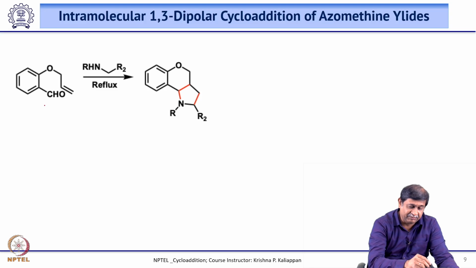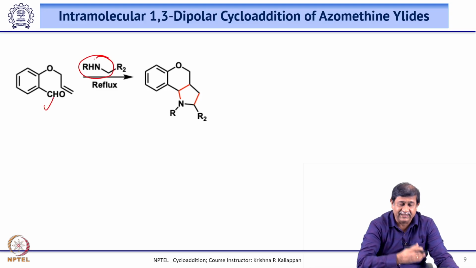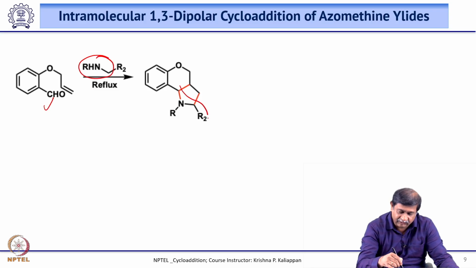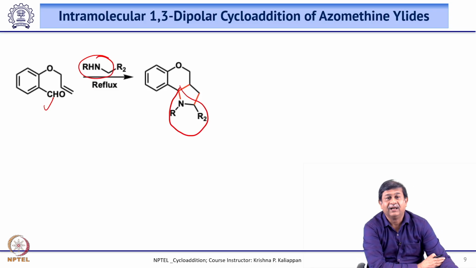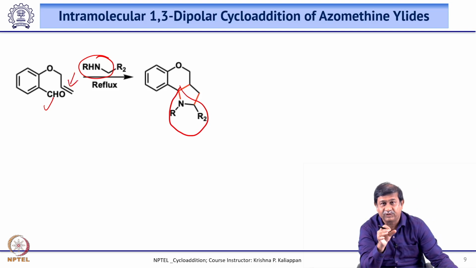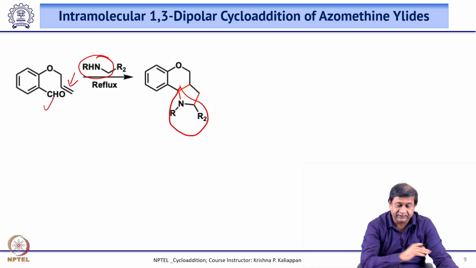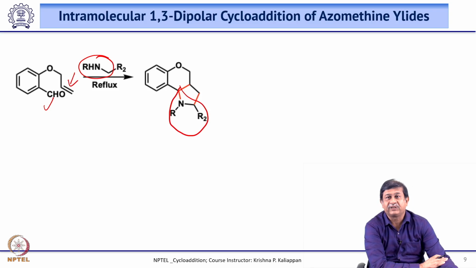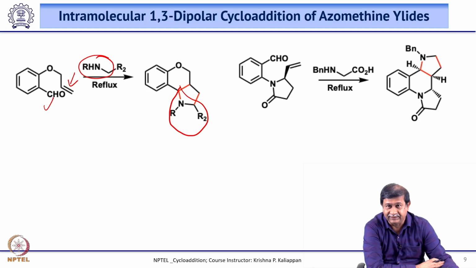For example, if you have an aldehyde and treat with a secondary amine, and if you reflux, what will happen is intramolecularly it will form this azomethine ylide, and already you have the dipolarophile. Here the dipolarophile is the double bond, so that can undergo 1,3-dipolar cycloaddition to give this 5-membered ring, which is nothing but a substituted pyrrolidine ring.